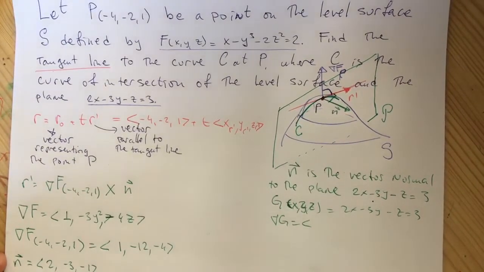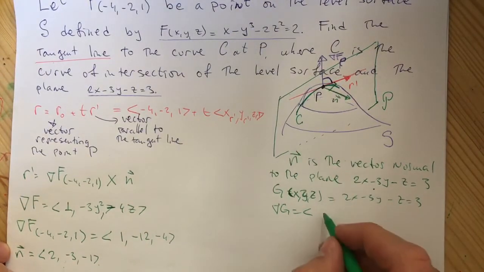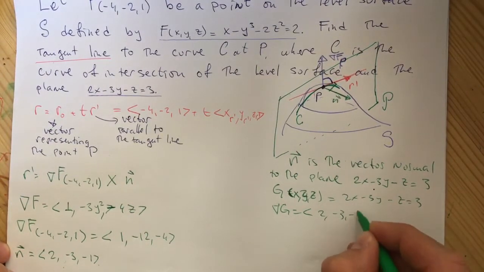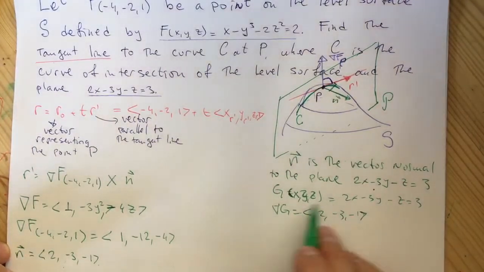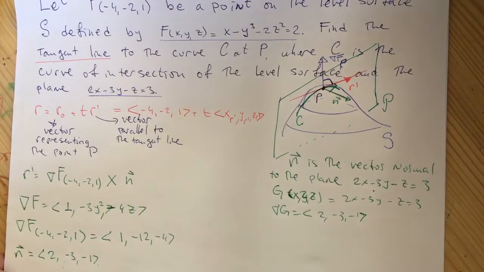But of course, you're going to get just the normal vector: the derivatives are 2, -3, and -1, which will give us some hint how we are going to solve a slightly different problem later on, the problem that we're going to solve after this one. So we have the gradient of f, and we have the normal vector.